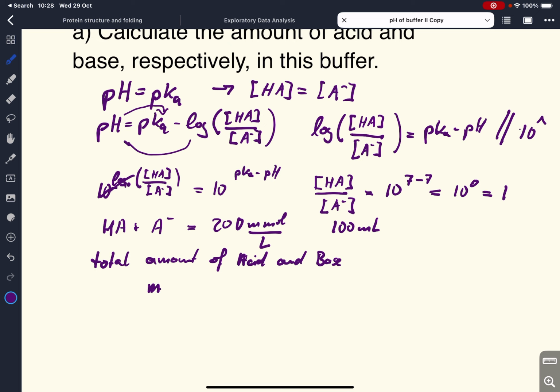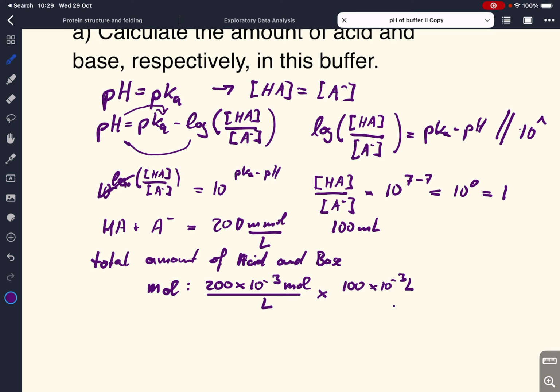We can calculate that. So we would have mole, and for that we have 200 times 10 to the minus 3 mole per liter, and we have 100 times 10 to the minus 3 liter. That's our 100 milliliter.